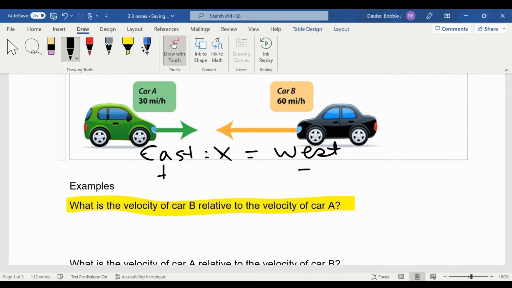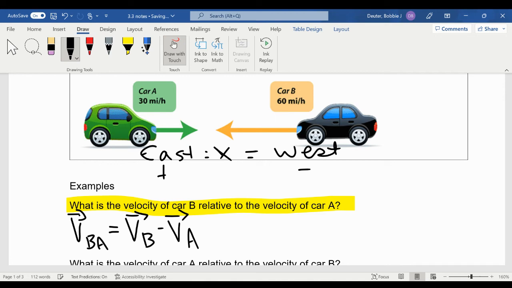So what is the velocity of car B relative to that of car A? We're going to use the equation above. We're going to solve for velocity, so we're going to make it a vector. It tells us we need car B compared to car A, so we're going to put a B first, for car B to car A. In order to do this, we need to look at the velocity of B vector minus the velocity of A vector, because we're comparing them.